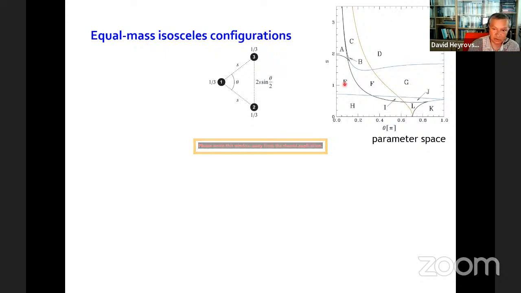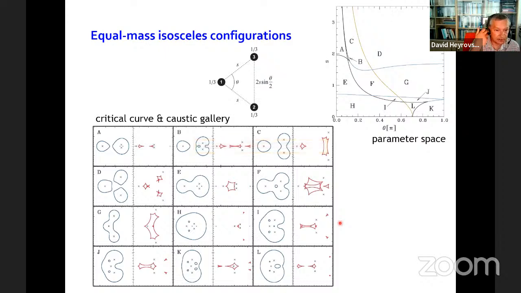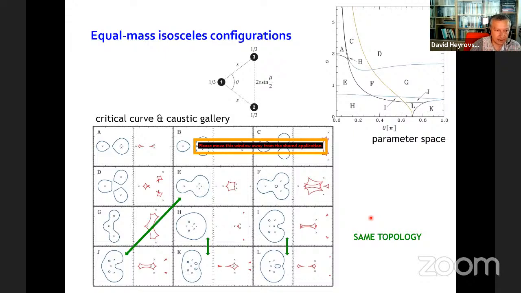And in principle, now what you have to do is you look into each of the areas at what is the geometry of the critical curves and caustics, which is mapped down here. And you can stare at this for a while and try to see if all of these are different. And the quick answer is no, not all of these are different. Some of these are the same.